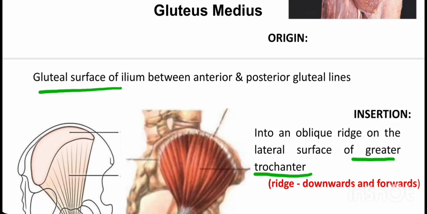The gluteus maximus originates from the dorsal surface of the ilium and sacrum, the sacrotuberous ligament and the coccyx. Likewise, the gluteus medius arises from the gluteal surface of the ilium and is inserted into the greater trochanter.